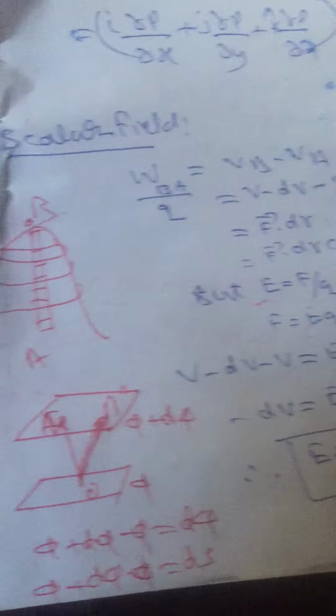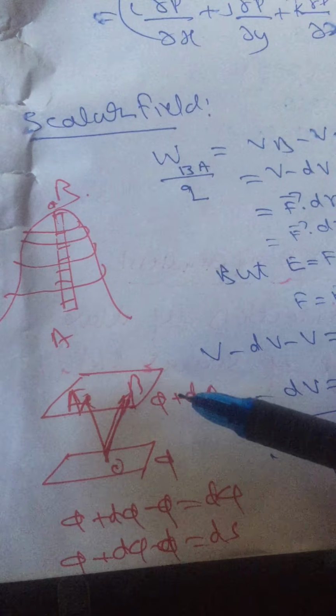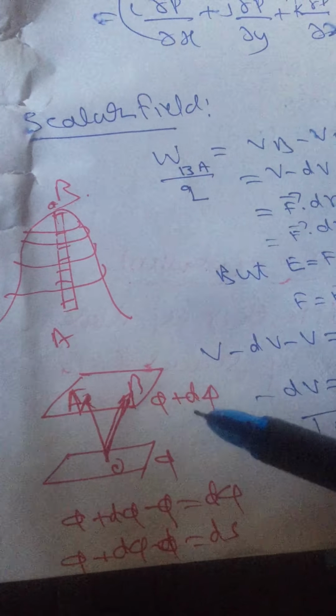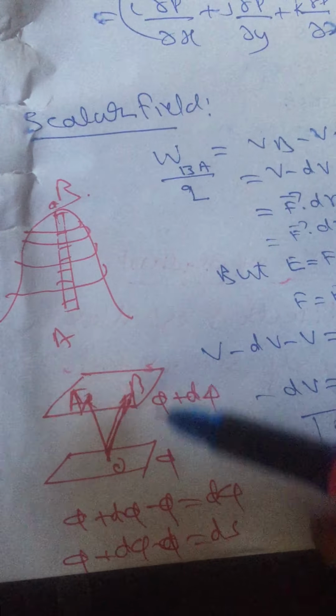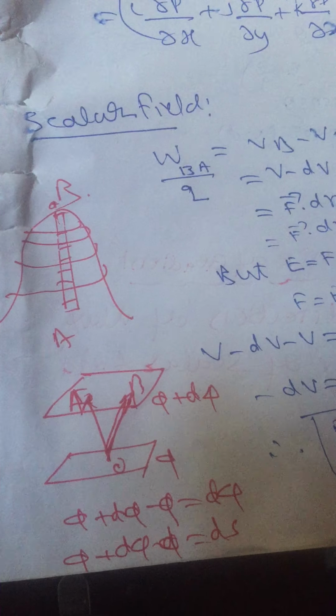You take two surfaces, one is A and another one is B. At A, or you call it here O, phi is the flux on this surface, and phi plus d psi is the flux on that second surface. And what is the rate of change of flux in these two planes?